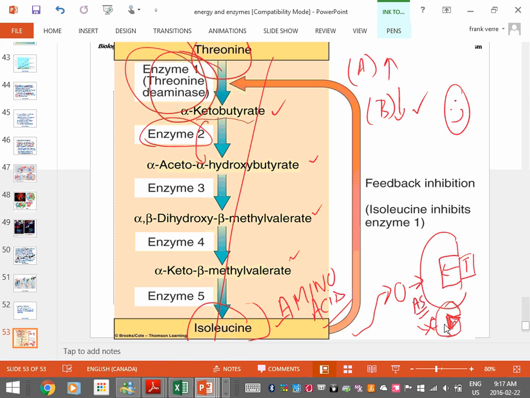Once you run out of isoleucine, this gets knocked off, the enzyme reverts back to its original shape, threonine can fit in again, and the process begins again. Okay? So these are just things to consider when we're talking about enzymes, things that affect them, things that regulate them, and that is the end.